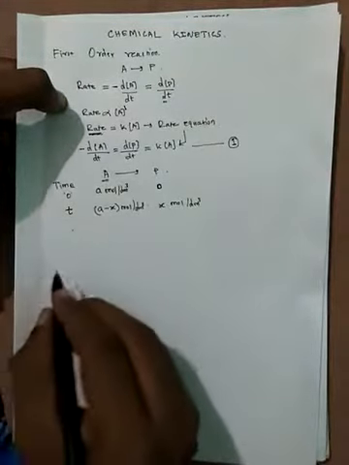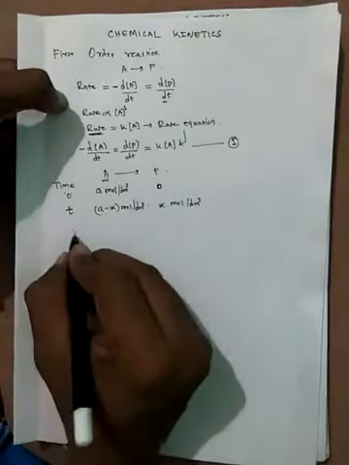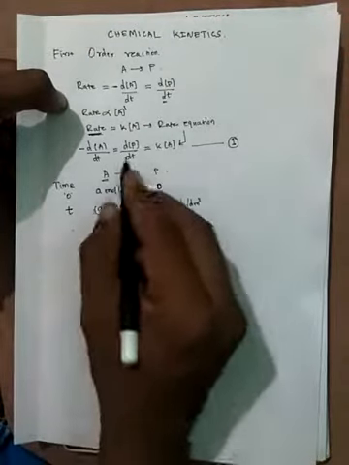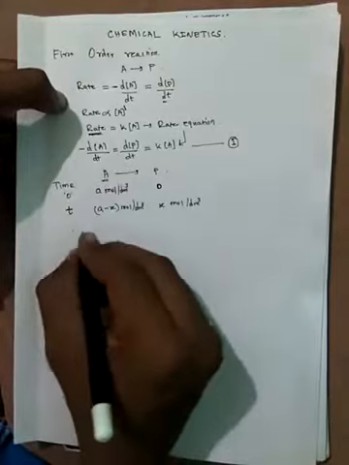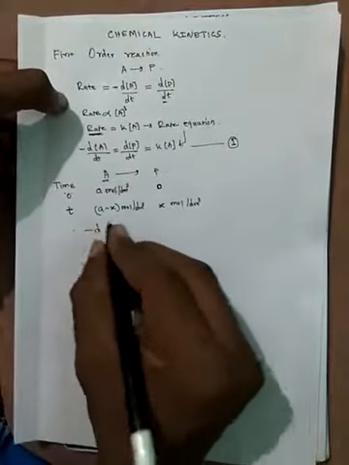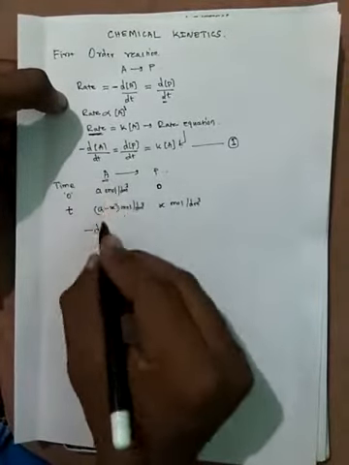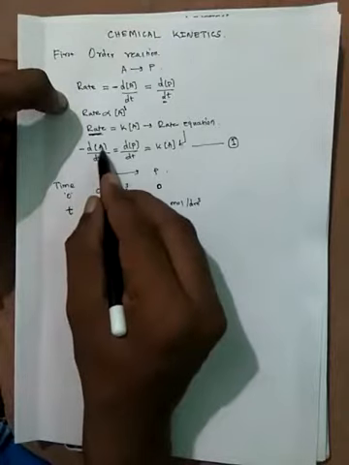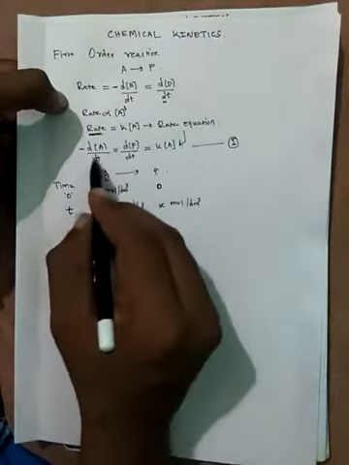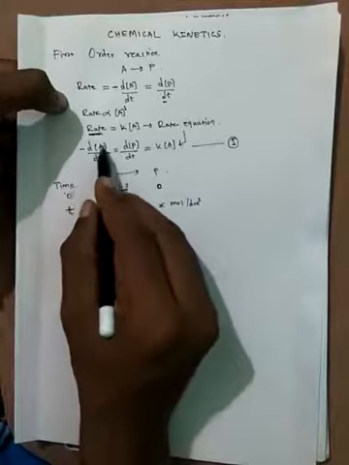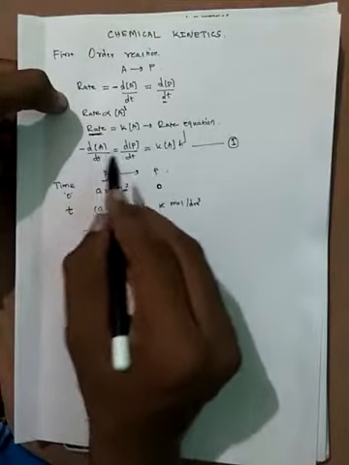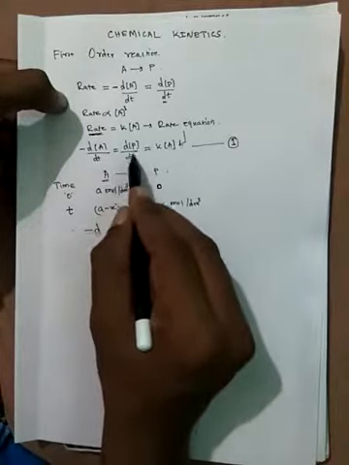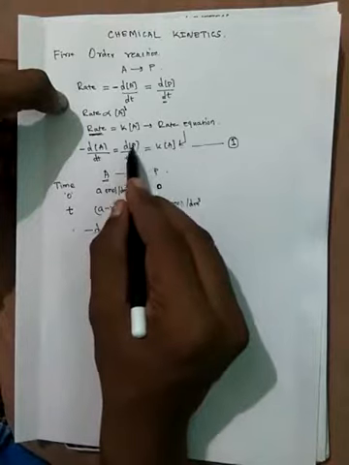So at time t, the rate is given by minus d of the concentration of reactant at time t, and this is the concentration of product at time t.